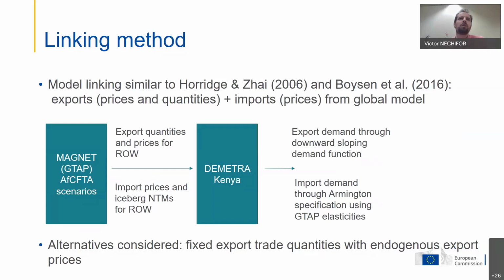So we reached the conclusion that this initial first method of the demand shift leads to better results, and you have some outcomes in the annex.